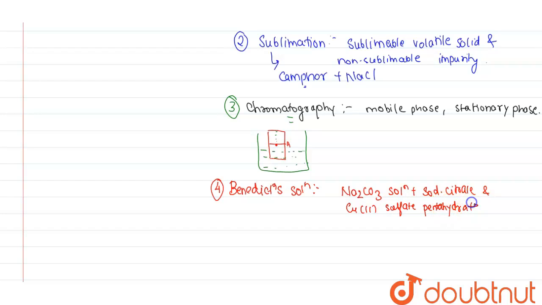It is also used to detect reducing sugars. These reducing sugars can be monosaccharides or disaccharides.